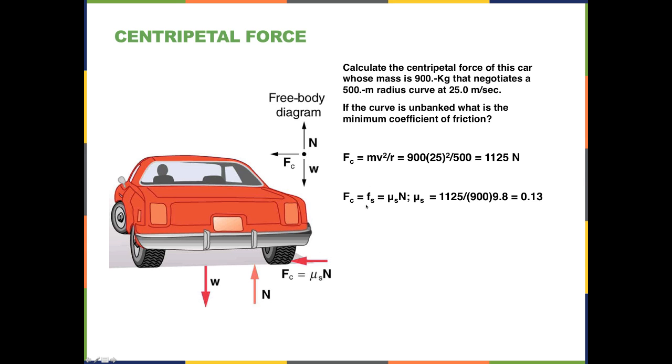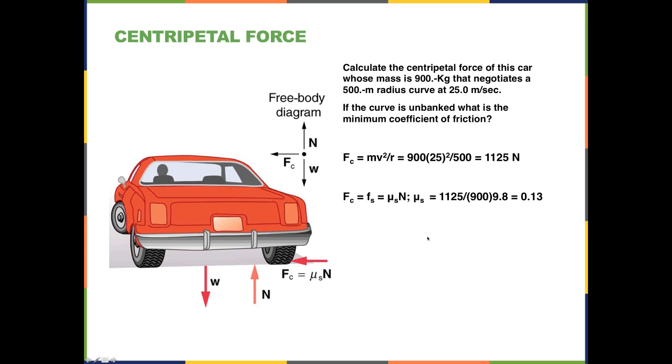So the friction force is equal to the centripetal force, and that's going to be equal to the normal times mu. If you rearrange this for mu, you end up with the force divided by the normal, which is the mass times gravity. Doing the math, you get 0.13 as the minimum coefficient of friction. If the coefficient of friction is less than that, then this car spins out of the curve.